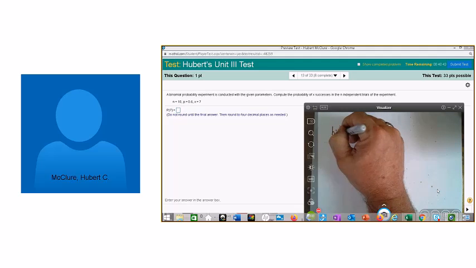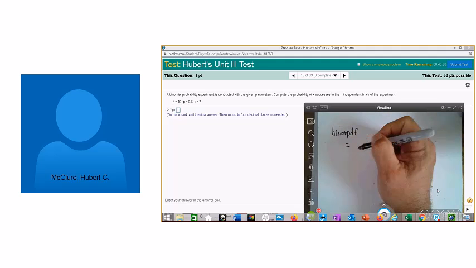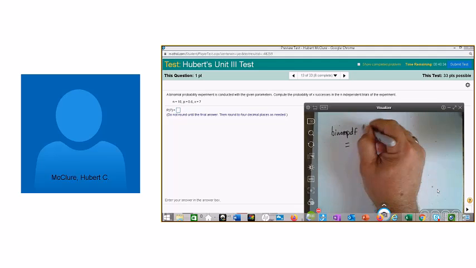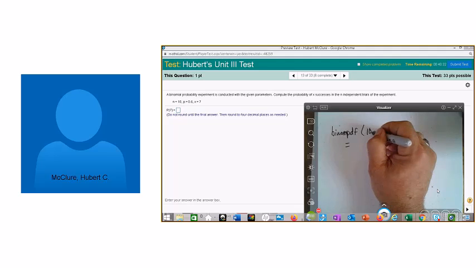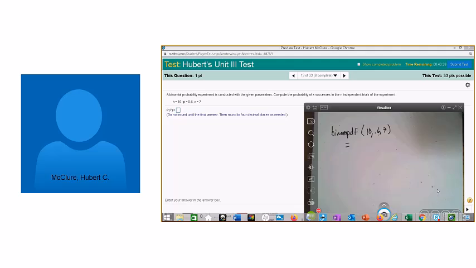Thank you, class. Binomial PDF because it has an equal sign. So you would type in binomial PDF 10, .6 and 7. I'm not going to do that. You can do that. I think that's an easy question.